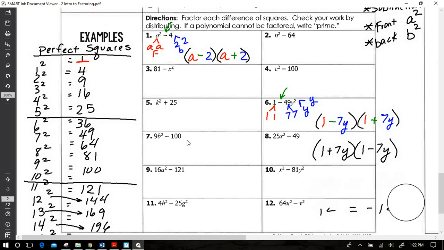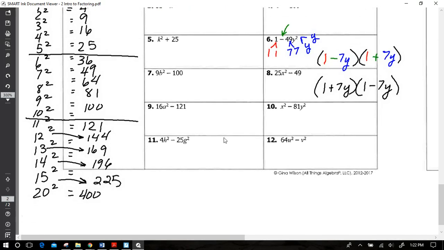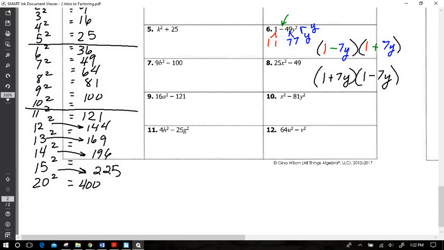All right. Let's take a look at an example like number 9. So in my front, I've got 4 and 4, and I've got A and A. In the back, I have 121, which is 11 times 11.